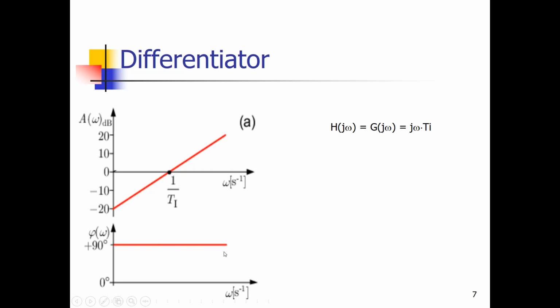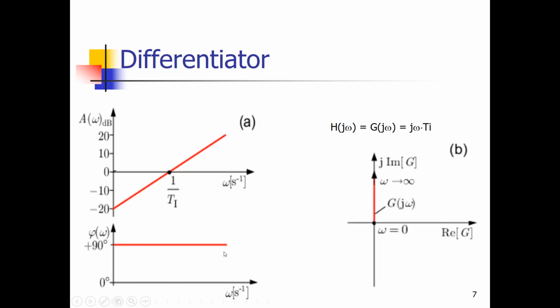We can also look at the Nyquist plot and create it. Then we see that the phase is always 90 degrees, so we always have points on the positive imaginary axis. And for increasing frequencies, we see that the amplitude goes up.